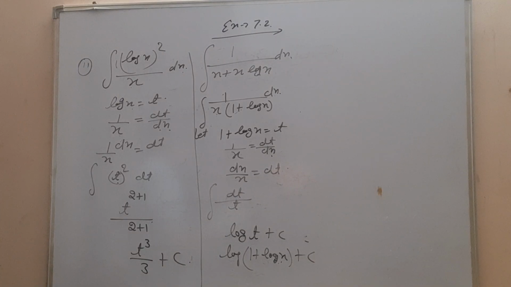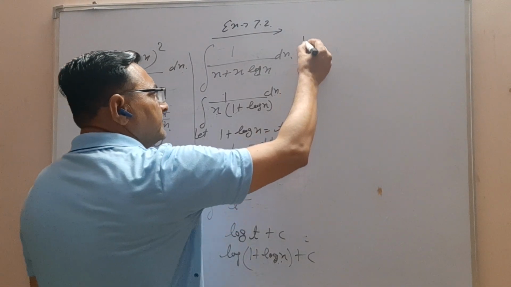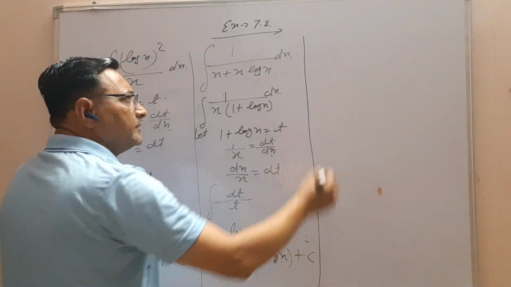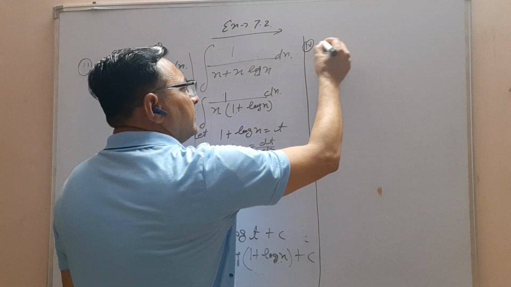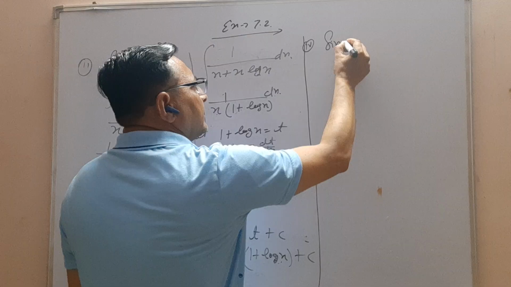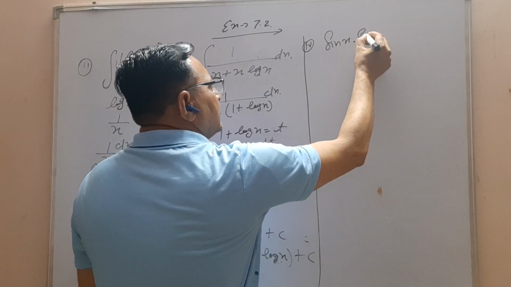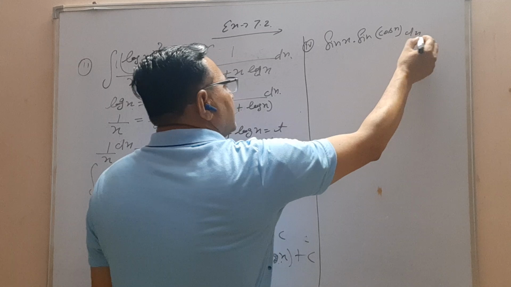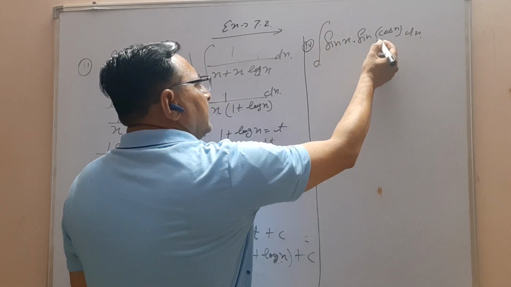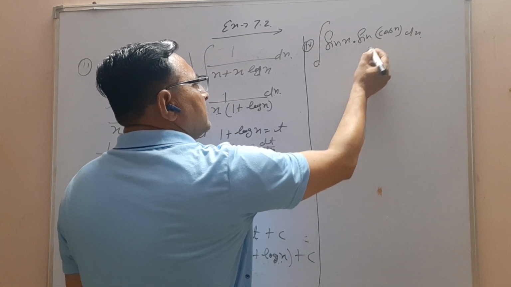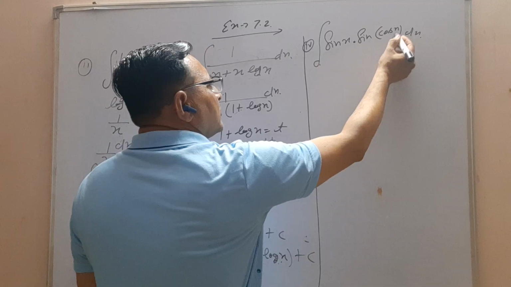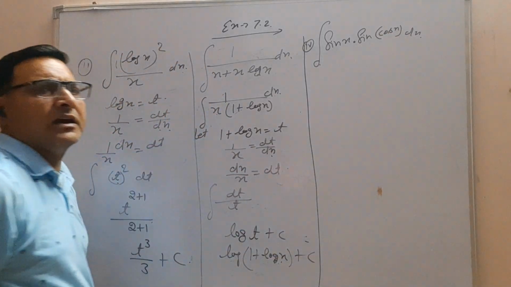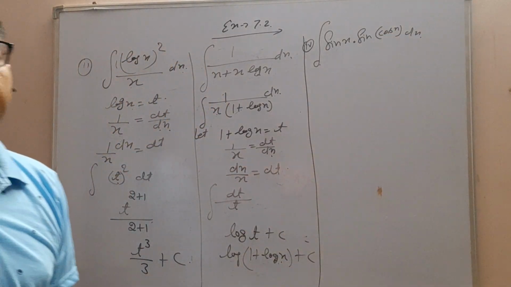Now the next question is sin x into sine of cos x. There are two functions here, and in sine of cos x, cos x is the angle of sine.